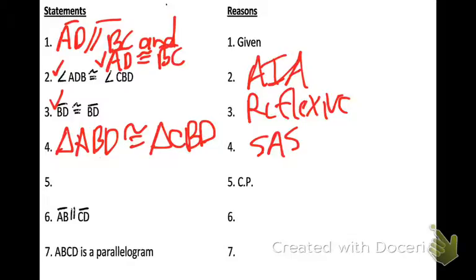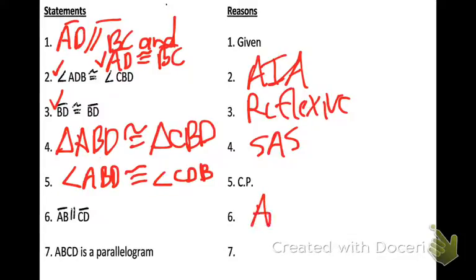So we would want to say that angle ABD is congruent to angle CDB by CP. Those are alternate interior angles, so we could say that AB is parallel to CD by AIA. Right? The alternate interior angles are congruent. So then ABCD is a parallelogram.